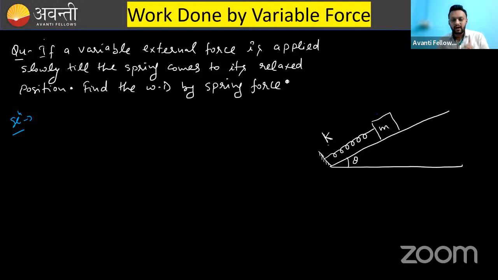First thing that I need to ask: if you consider this system of spring and block, is this spring in its relaxed situation or is it compressed? I hope you all understand that if a spring is placed like that and a block is residing on it, then the spring will get compressed.